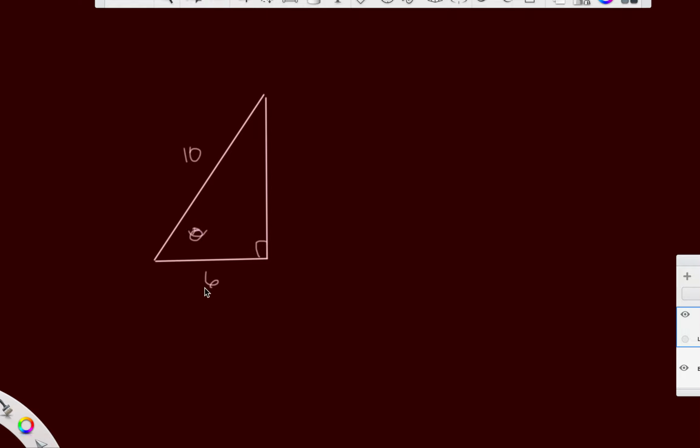What would the value of theta be? We'd say, okay, well, let's find the cosine of theta. It is going to be equal to 6 over 10, because now we have two sides and a ratio.